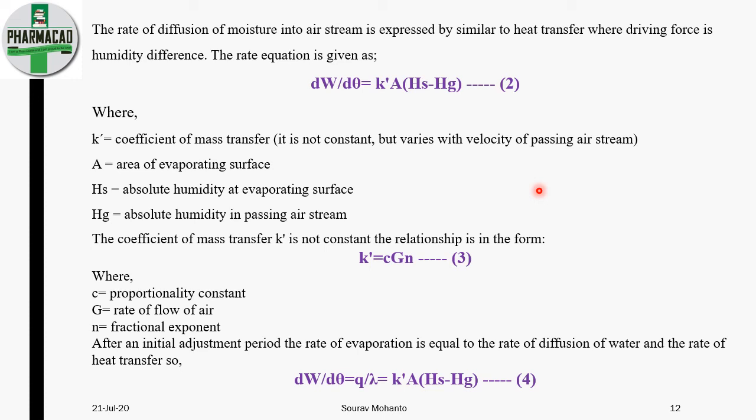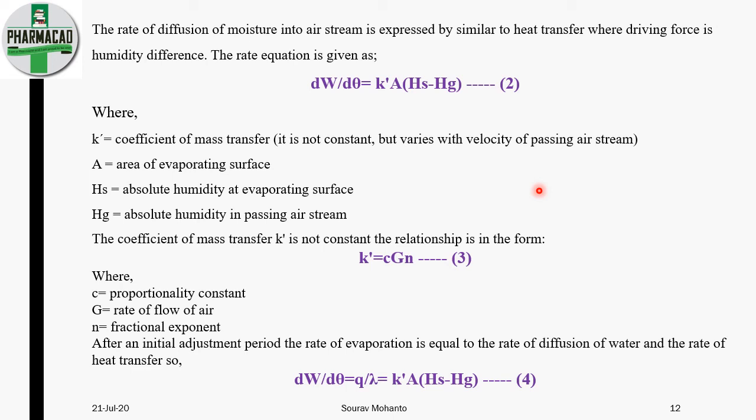After an initial adjustment period, the rate of evaporation equals the rate of diffusion of water and the rate of heat transfer. So if we write all of this down, first we had dw by d theta equals q by lambda, then we got dw by d theta equals k dash A (Hs minus Hg). They are all proportional to each other.